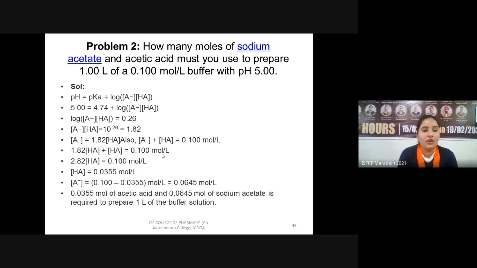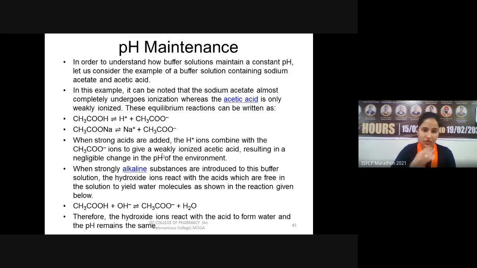The concentration of A negative ions is equal to 1.82 times the concentration of the acid. So by substitution we can calculate the number of moles. From A negative, we can calculate the number of moles of sodium acetate used to prepare 1 liter of the buffer solution.